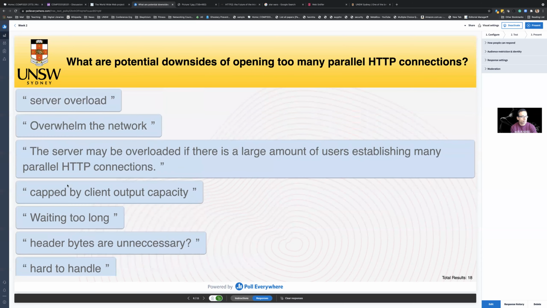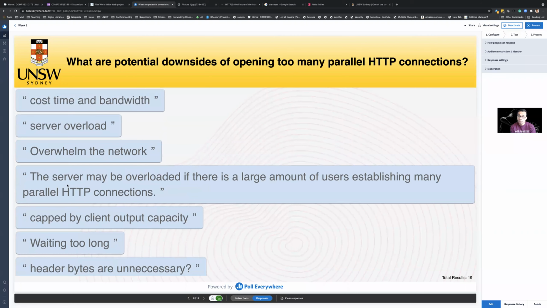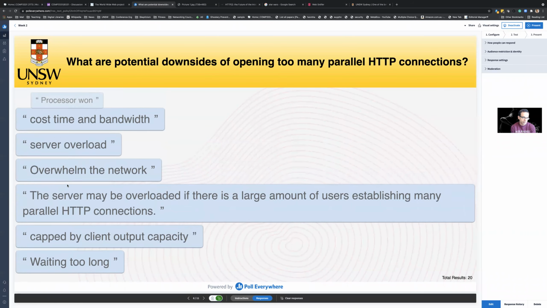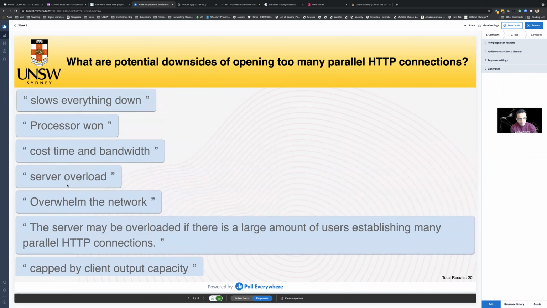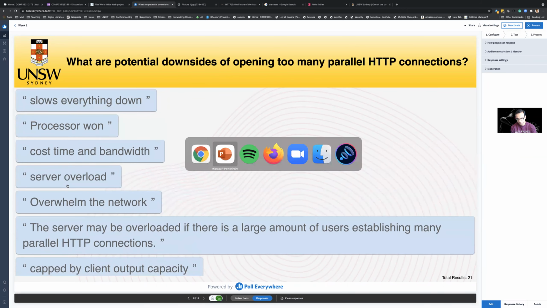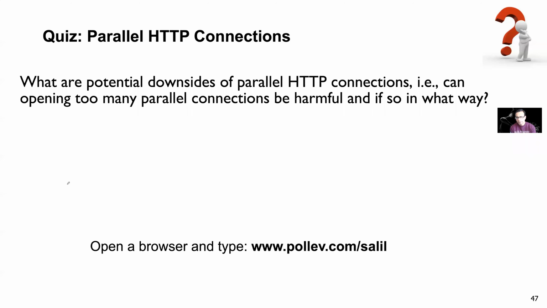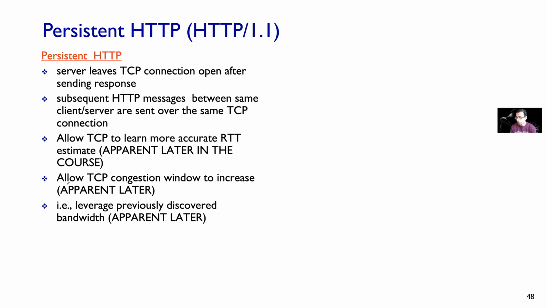If there are 100 of us accessing, then the UNSW server has to manage 100 times 50 TCP connections, so 5,000 connections for serving all of us, right? That is one of the downsides of setting too many parallel connections. Most browsers will typically set up a few parallel connections, maybe not 50. That might be a bit too much, right?